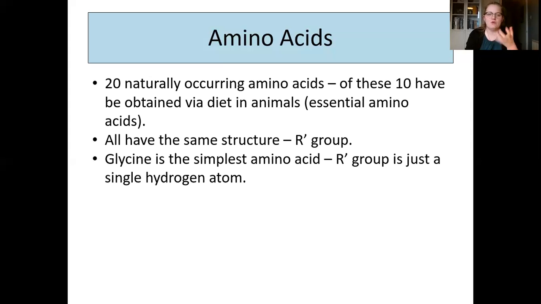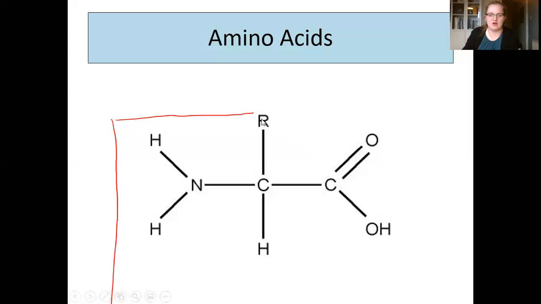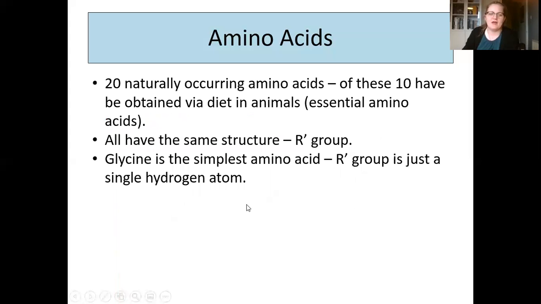As we've just seen, they all have the same structure and they just have different R groups. We've got the R group here, so it has a different R group. And glycine is our simplest amino acid. The R group is just a single hydrogen atom. So glycine, and I'm just going to draw you a glycine really quickly, would look like this. So we've got our N terminal over here.